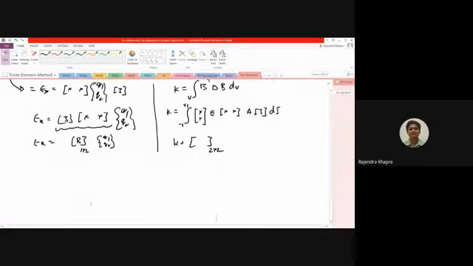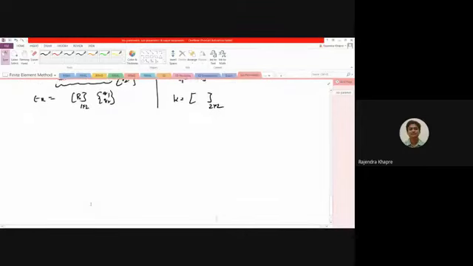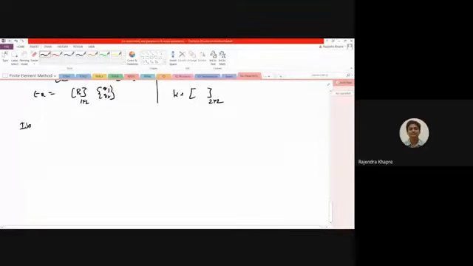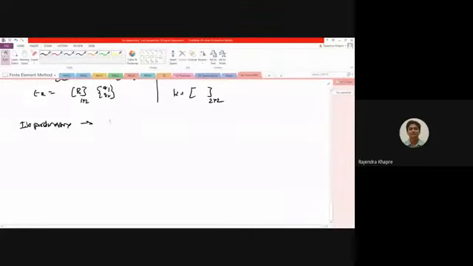Okay, so isoparametric element you can use anywhere. Let me write it down over here because my handwriting is very poor.